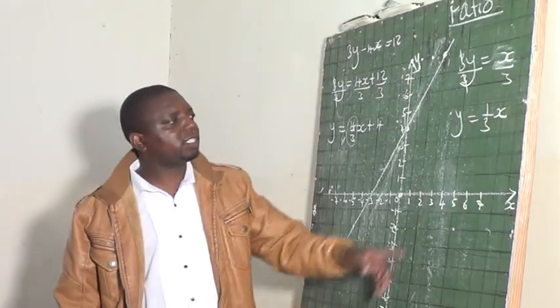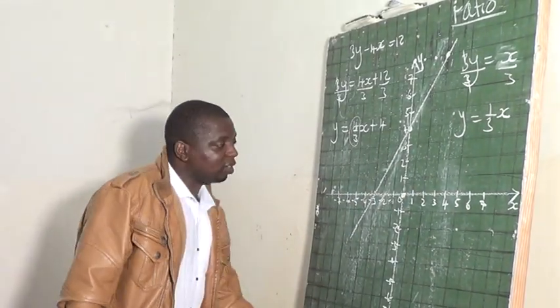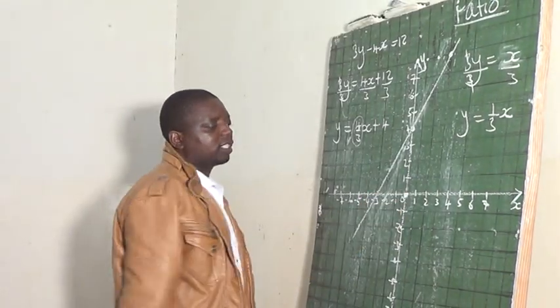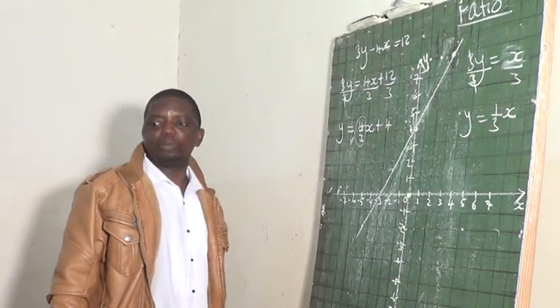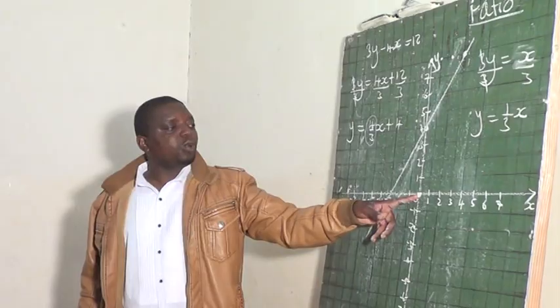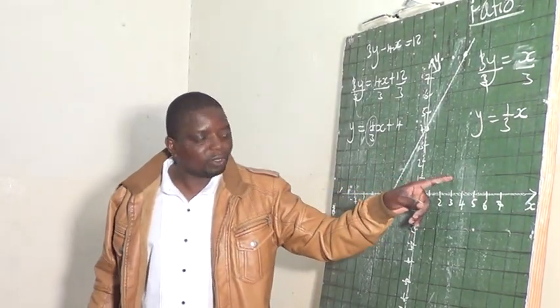And the gradient is what? 1/3 altogether. So counting from the y-intercept, you go to 0, the y-intercept, and you mark on the y-intercept 0. Then you count 1 vertically and 3 horizontally.